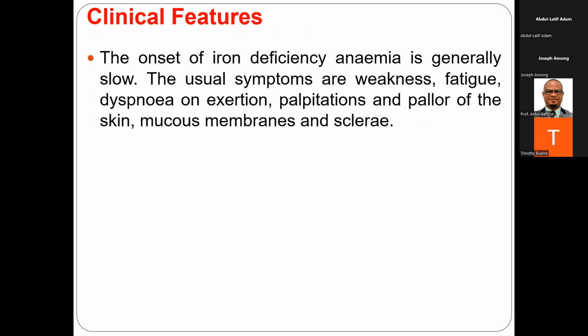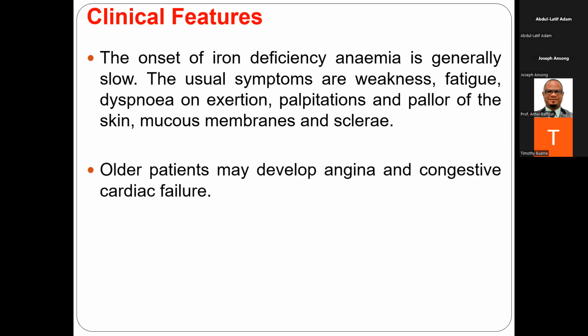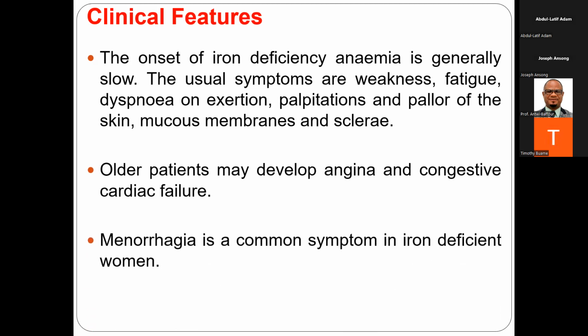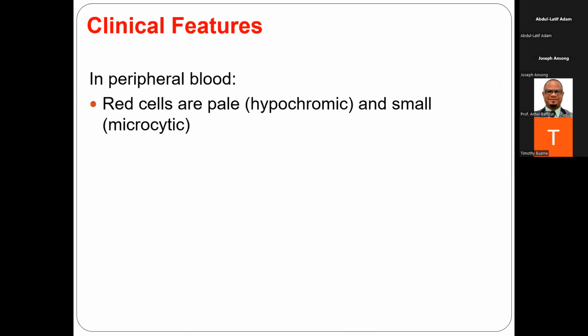The usual symptoms are weakness, fatigue, dyspnea on exertion, so struggling to breathe, and palpitations. Pallor of the skin and mucous membranes of the eye. Older patients may have angina and congestive cardiac failure. Then you have neuralgia, which is a common symptom of iron deficiency. Of course, we have to find out why they became iron deficient.